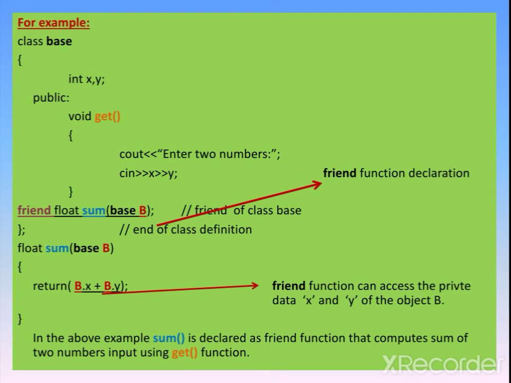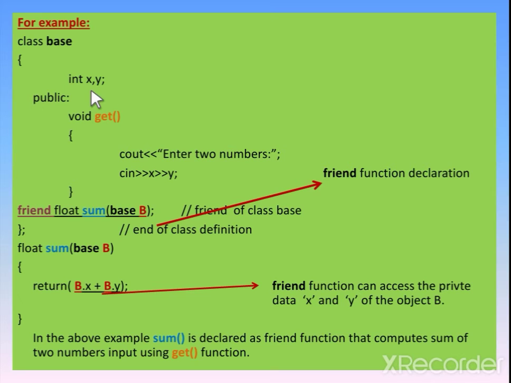Consider this program segment. Here the class name is base, and x and y are two integer data members, declared private by default.